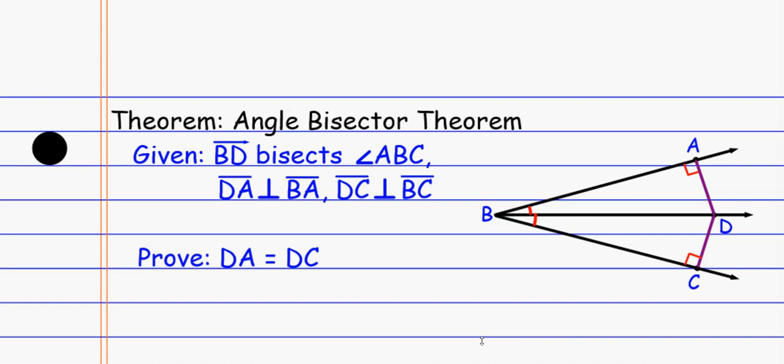And again, the whole idea of the perpendicular lines in here is just showing us that we're measuring the distance, okay? We can only measure the distance if we're measuring at a perpendicular angle. We have to go the shortest distance from one thing to the other. So the reason these perpendicular lines are in here is to show us that we're measuring the distance from point D to that ray BA, and the distance from point D to that ray BC.